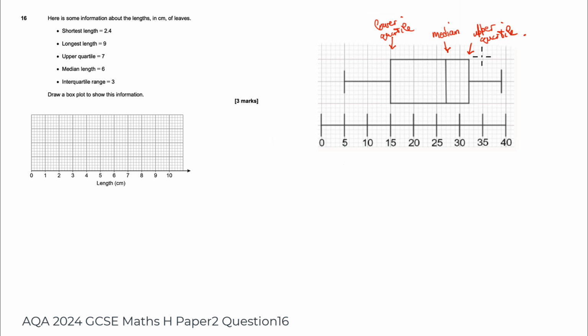So you can see that the box on here tells you the lower quartile, the median and the upper quartile. And the length of that box, that's the difference between the lower quartile and the upper quartile, is called the interquartile range.